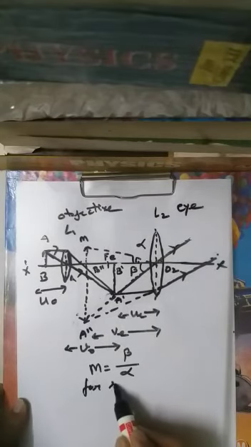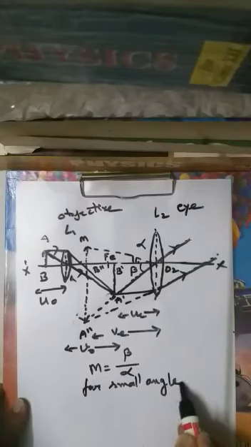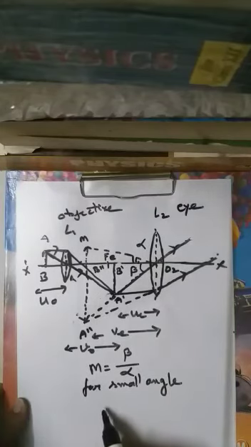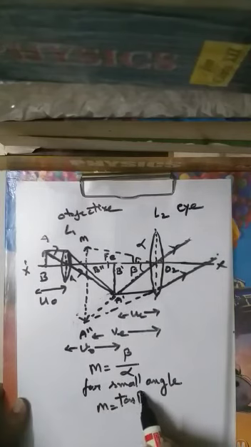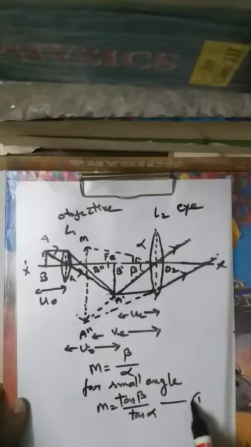For a small angle, m is equal to tan beta upon tan alpha.